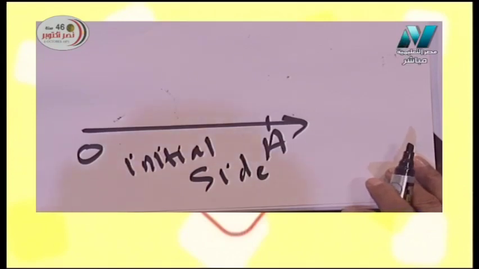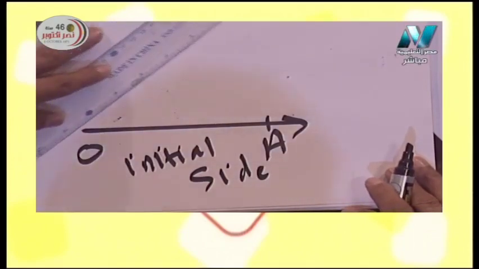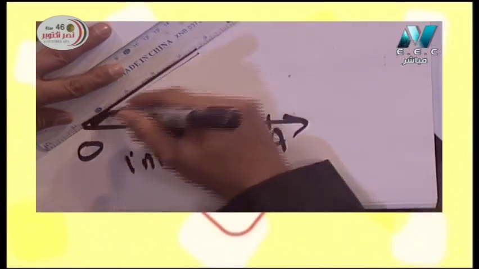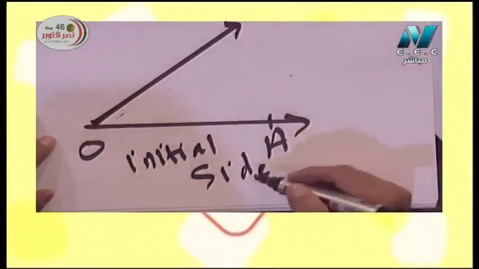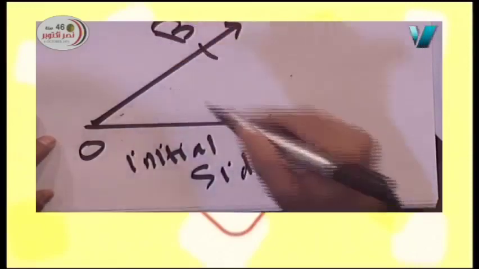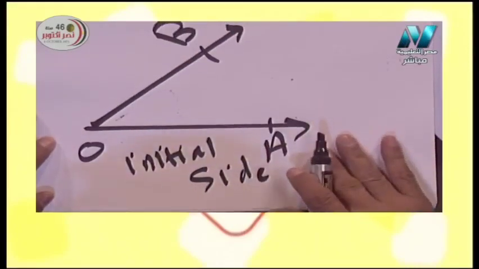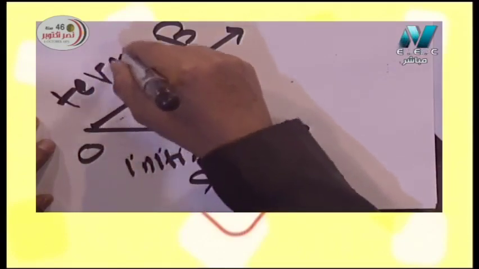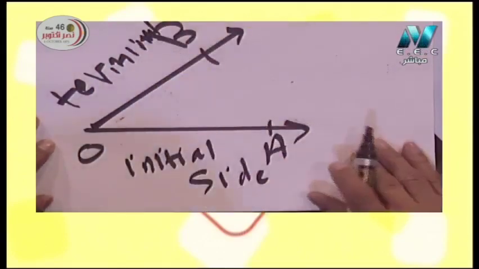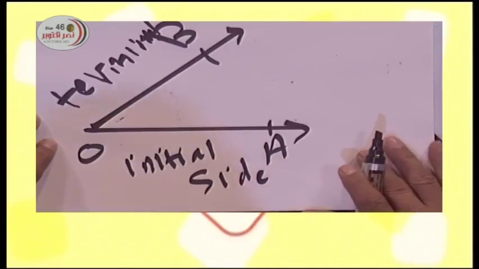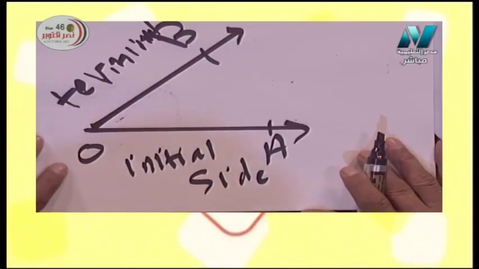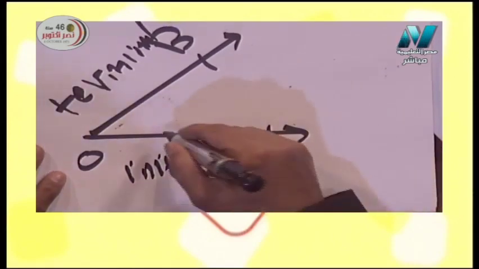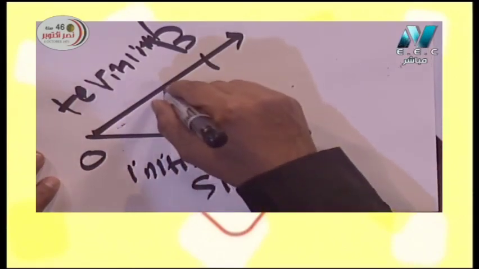And another ray like that, OB, we call it the terminal side. This angle we call directed because of directions. We have here the direction.